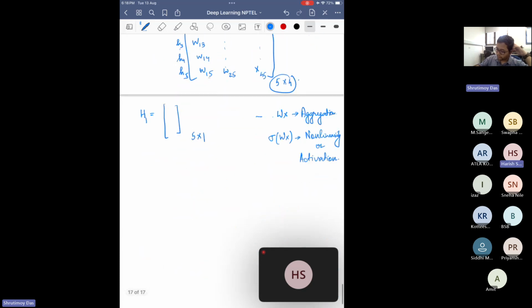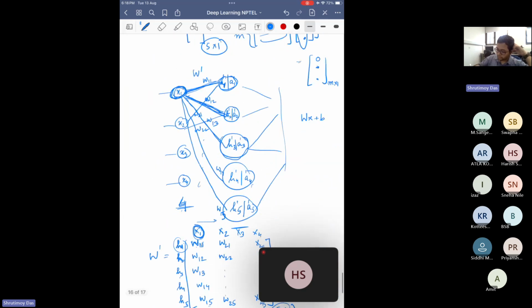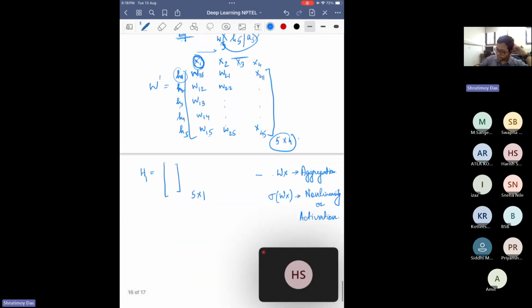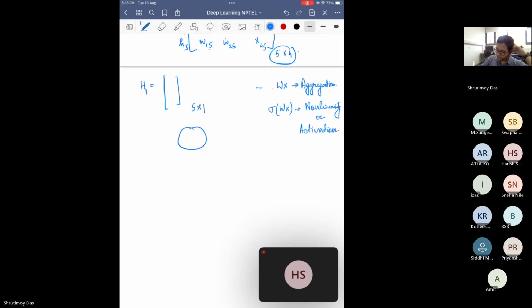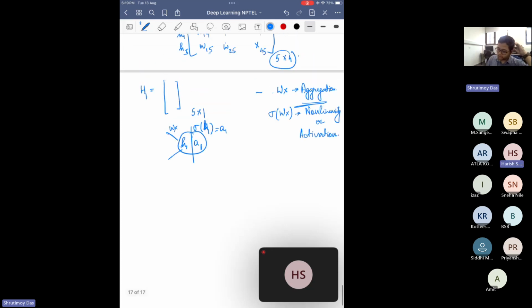If you saw the class, you'll know that for each hidden layer neuron there is this aggregation step, which is this h1, and then there is this activation step. So at h1 we have this Wx type of computation, then we apply sigma to this h1 to get a1, right?